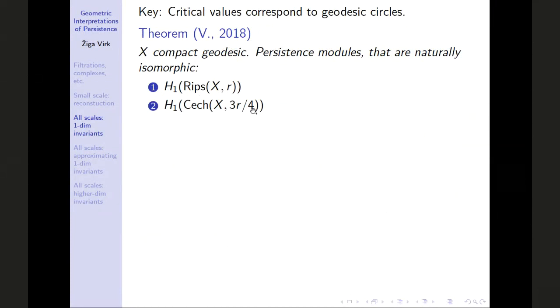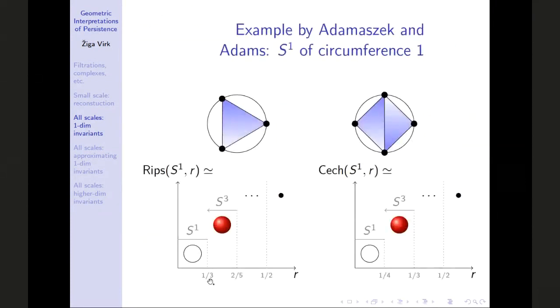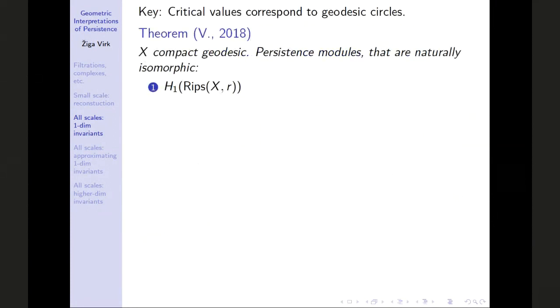This comes from, if you recall the scales when things go wrong, this is 1/3, this is 1/4, and everything else is essentially the same. So these two are essentially the same, which is one of these few examples where you can say that both complexes actually give you the same information.